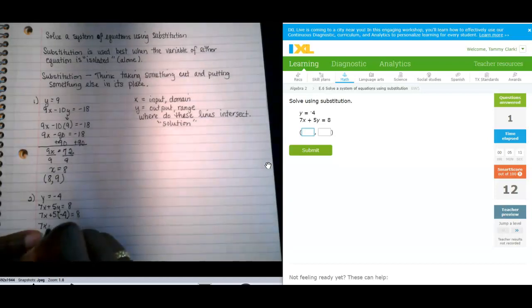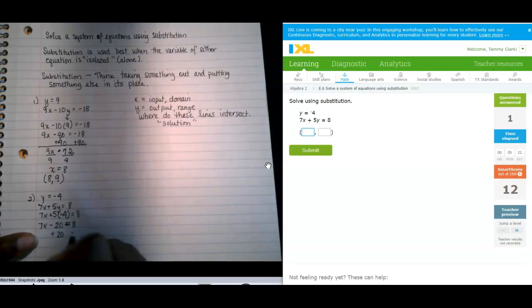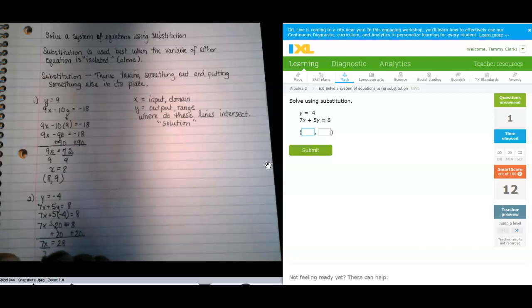So 5 times negative 4 is negative 20, and the equation equals 8. I'm going to add 20 to both sides of the equation because I'm eliminating 20. And I have 7x is equal to 28. Divide by 7 on both sides of the equation. X, therefore, is equal to 4.